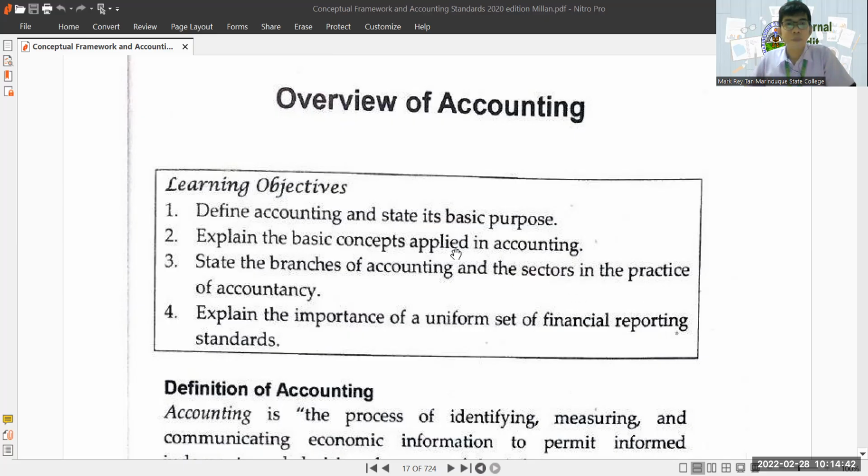We have four learning objectives for this chapter. First is to define accounting and state its basic purpose. Second is to explain the basic concepts applied in accounting. Third, state the branches of accounting and the sectors in the practice of accountancy. And the fourth objective, explain the importance of a uniform set of financial reporting standards. In this video, I will try to discuss the first two learning objectives kung kaya pa ng oras.